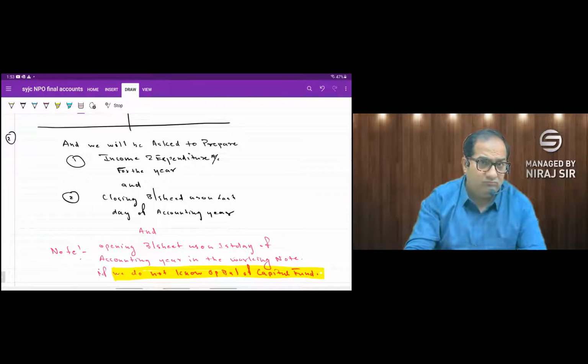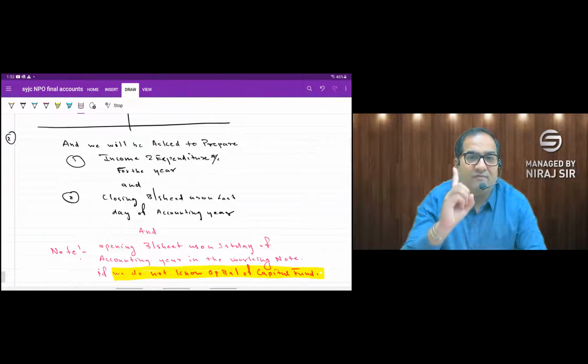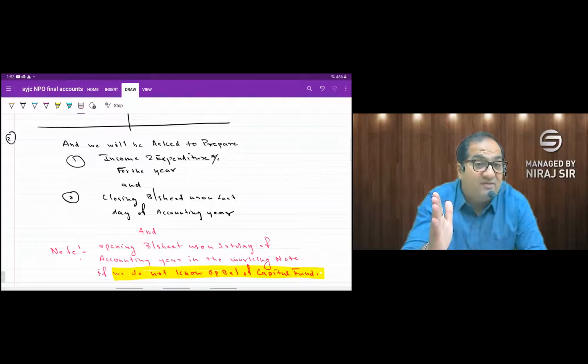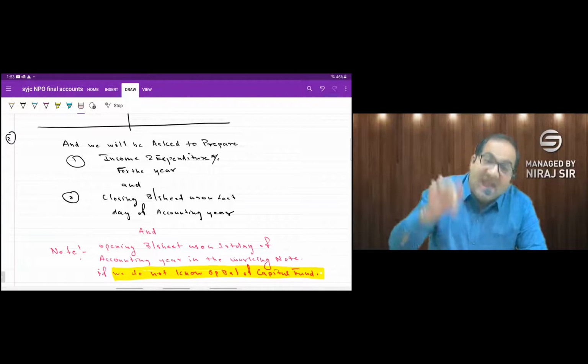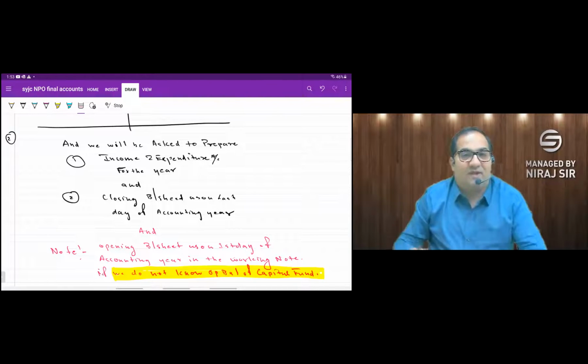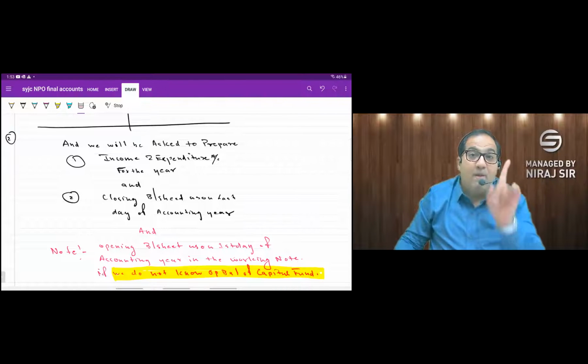However, if opening balance of capital fund is not given, neither in the form of opening balance sheet, nor information is available in adjustments, then we will have to prepare last year's balance sheet, the opening balance sheet, even if it is not asked, in the working note, to get opening balance of capital fund as a balancing figure.